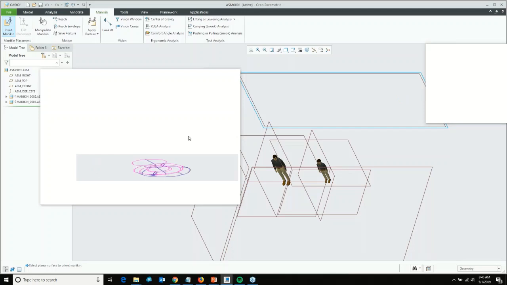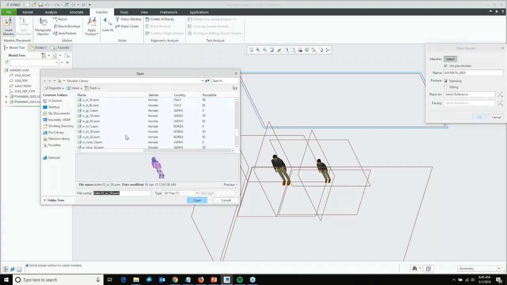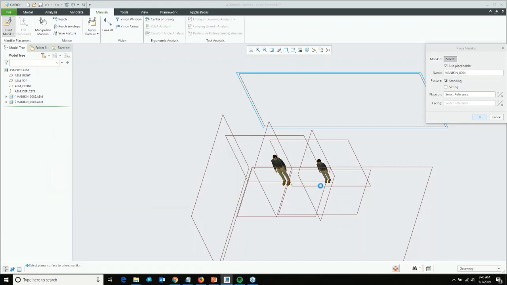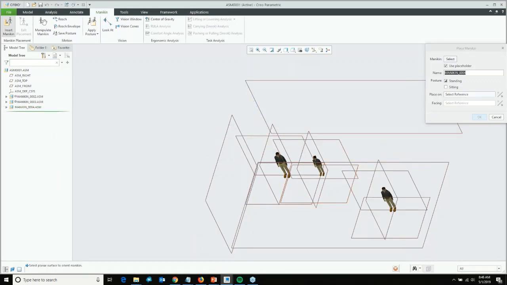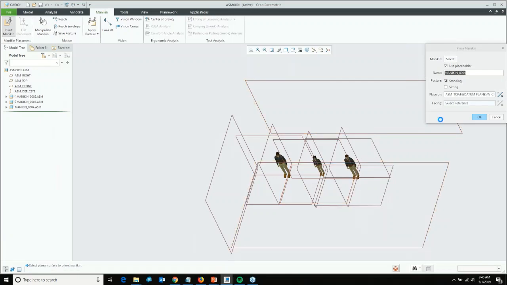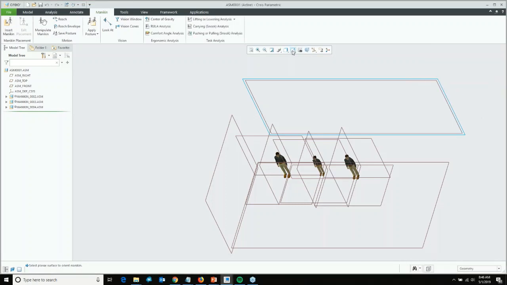Let's take the 50th percentile male from the Netherlands, and we'll specify where we want to place it. Again, the orientation is going to face this. We'll say okay. So now we have all of those placed.